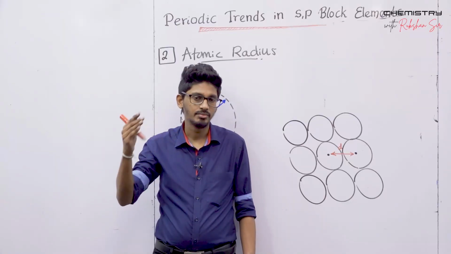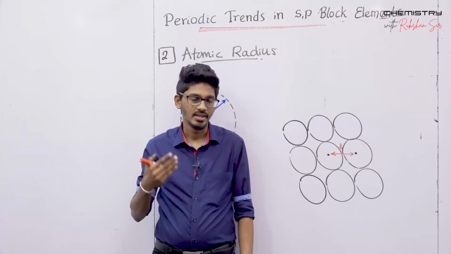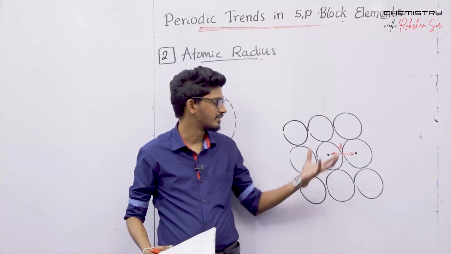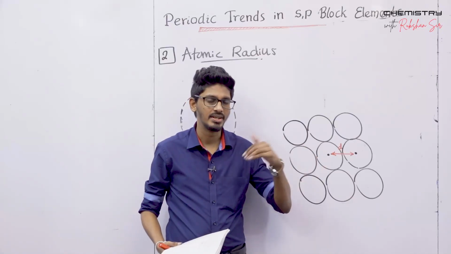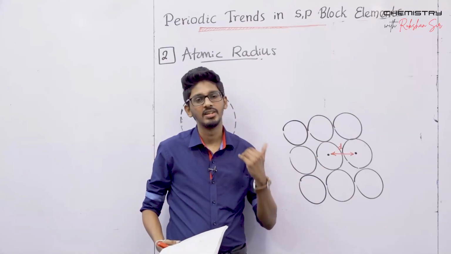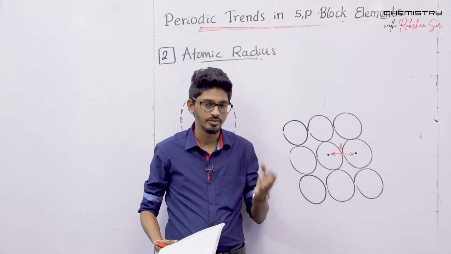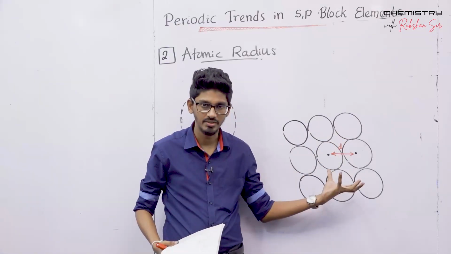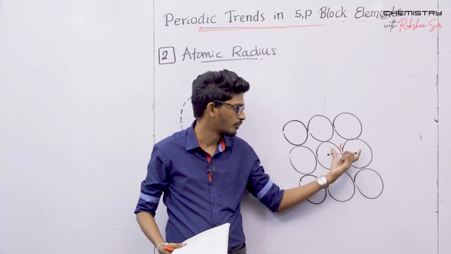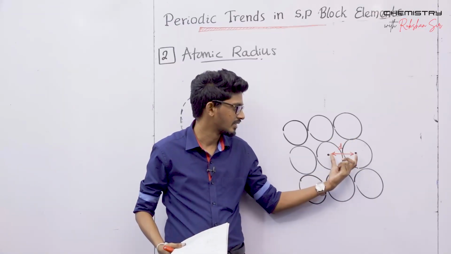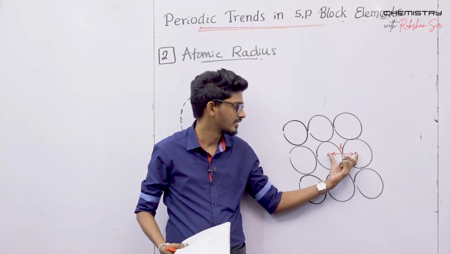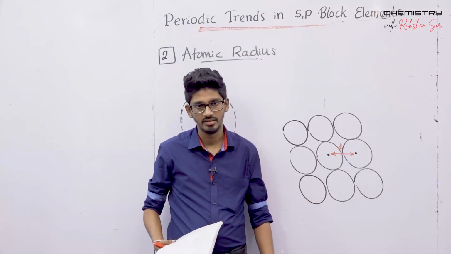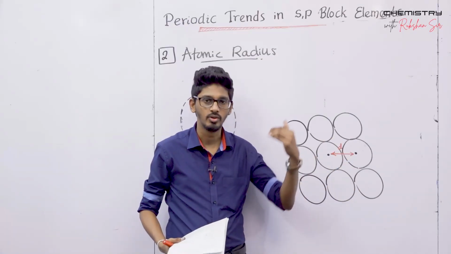With all three methods, the metallic radius, covalent radius, as well as the van der Waals radius, this is the simple idea: we take the solid form, or the atoms in their closest arrangement, take the distance between the two nuclei of two adjacent atoms, and then take half of that value as the atomic radius. That is the normal practice followed by all three methods.